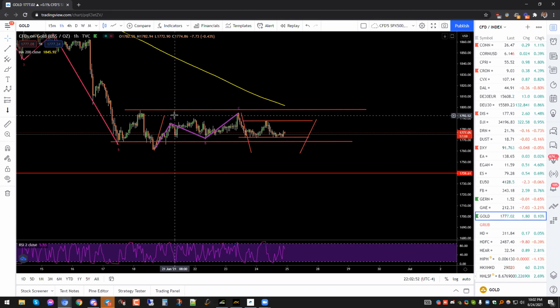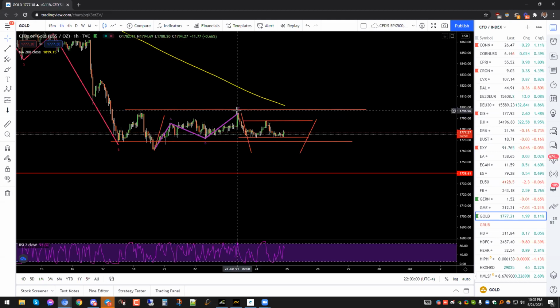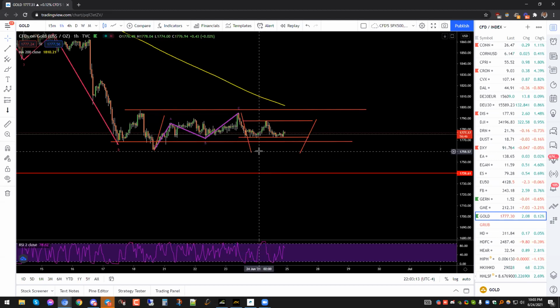Your next position could be a trade in the direction of the trend, which is to sell. Around this area is where you're looking to take the next trade, a sell trade in the direction of the trend. And as you can see, your profit target would be here.